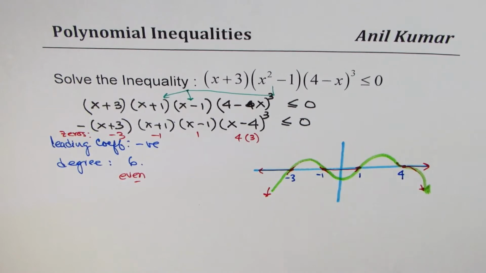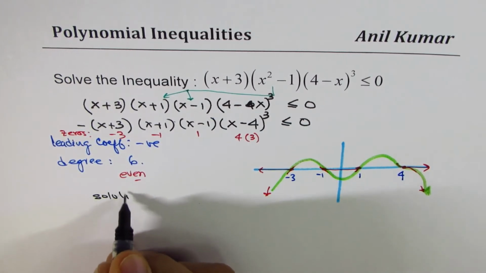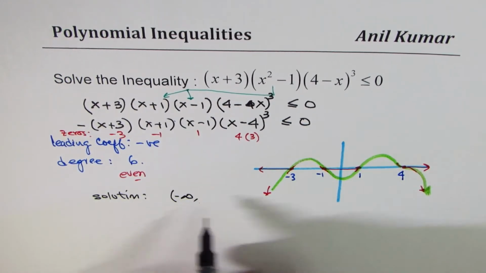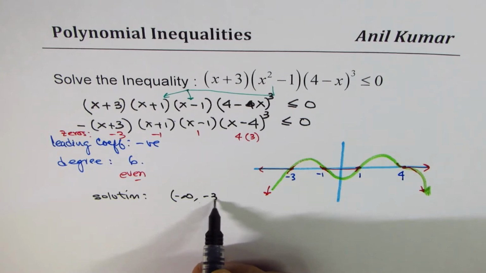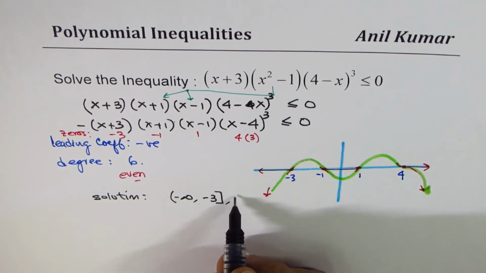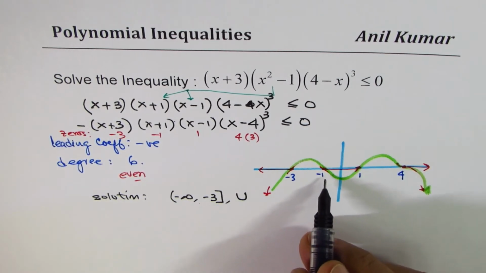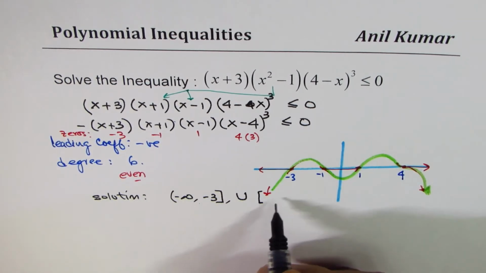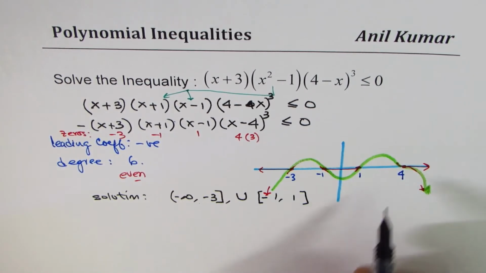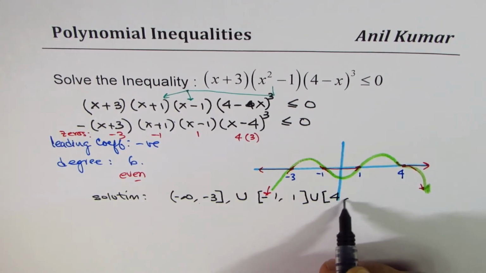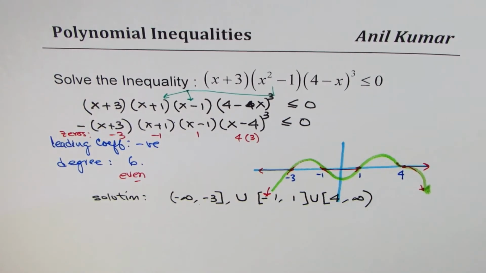So the solution is minus infinity to minus 3, including minus 3, correct? You can never include minus infinity or positive infinity. Union, and then we have between minus 1 and 1, both included, since we are working on less than or equal to. And then after 4, that is union, 4 included, up to infinity. So that becomes the solution for the given inequality.